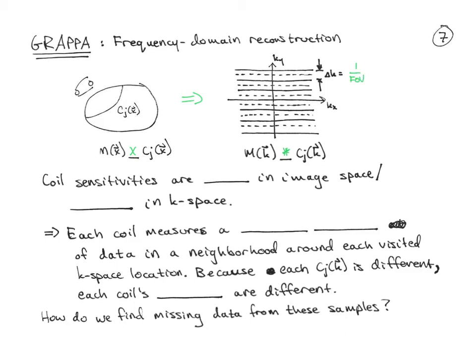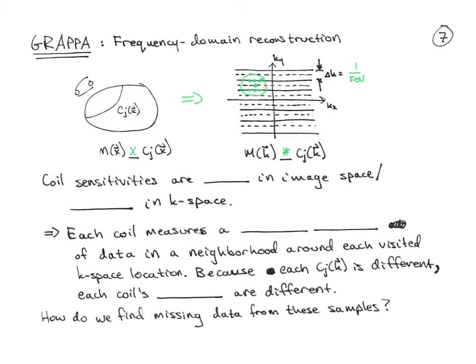And what I'm illustrating here is that we can think of this convolution as being like a weighted average of the signal around each sample that we collect, where the signal that you get is a sum of weighted k-space data, where the weights are given by the Fourier transform of the coil sensitivity.